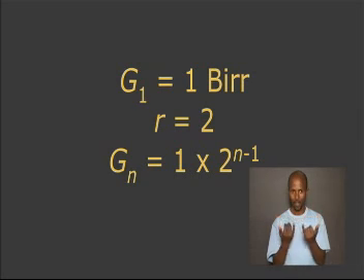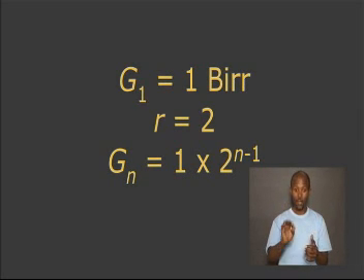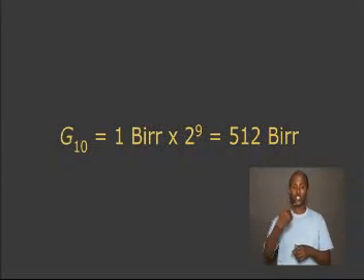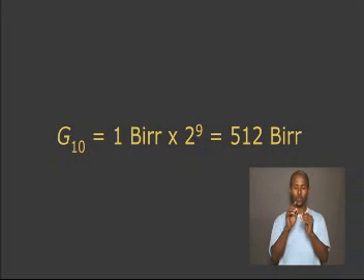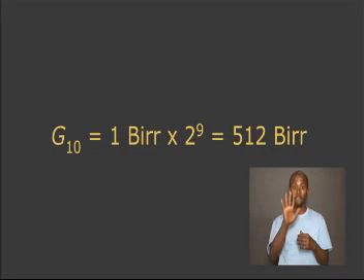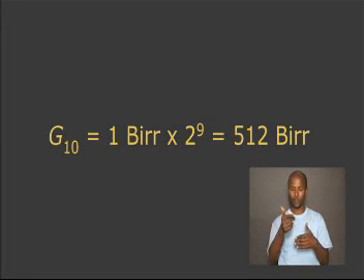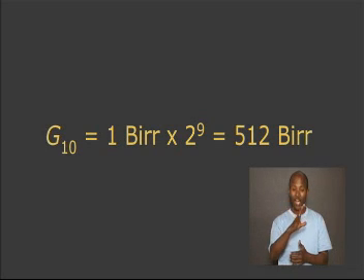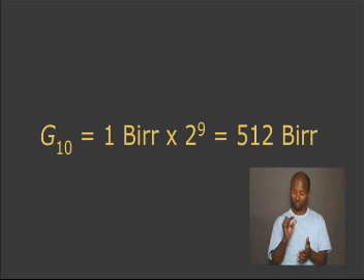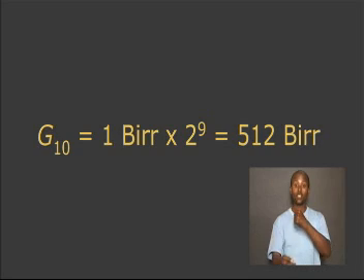Now, we must find our answer through trial and error. Let us start by calculating how much would be saved after 10 weeks. G10 equals 1 times 2 to the power of 9, or 512. 512 is not nearly enough for the trip. So, the class will need to save for longer.